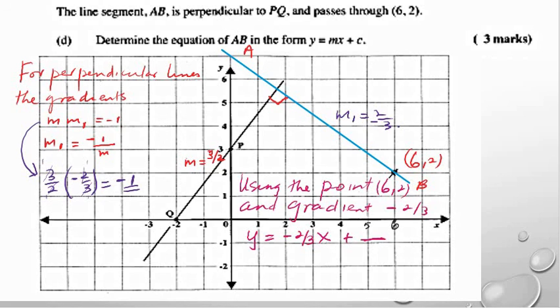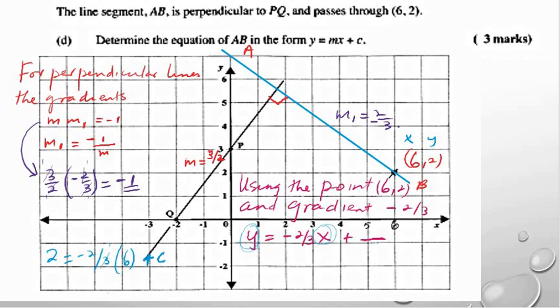This is my x value 6 and this is my y value 2. I substitute into this equation for x and y, and I'm going to find the unknown. So we're using y as 2, negative 2/3 by x here, which is 6, plus, and this unknown is c.